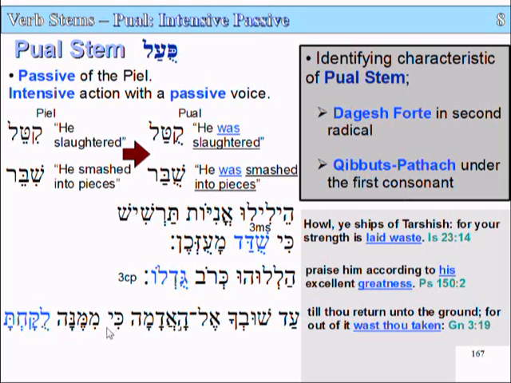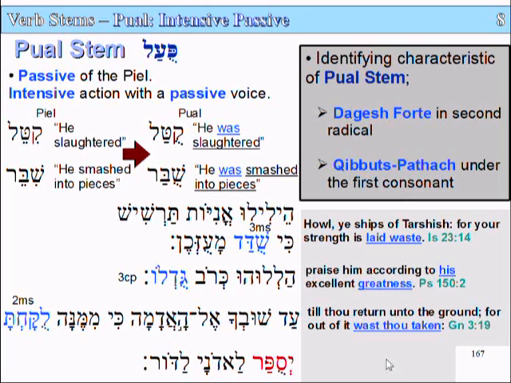Ki mimena, for from it or from her. Lukkachta, you were taken. The word adama is a feminine noun. Okay, so that's a 2nd person masculine singular. Lukkachta, wast thou taken. So it's passive. Wast is just was. It's a passive voice and intense action.